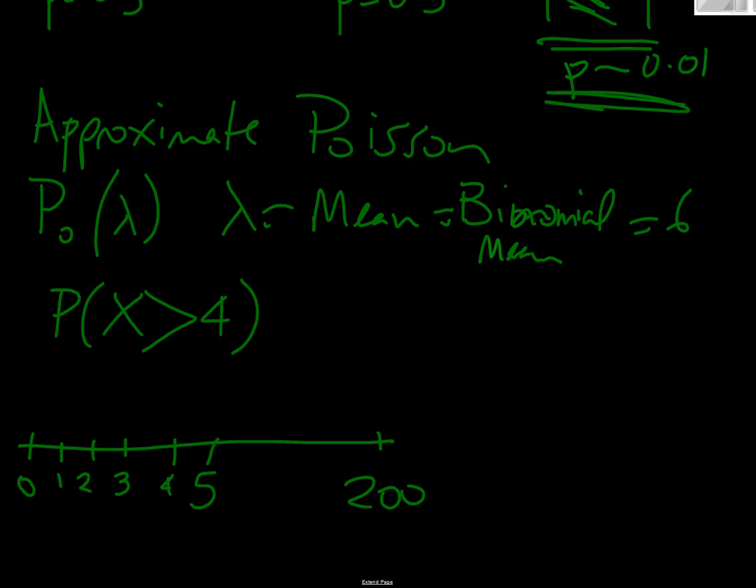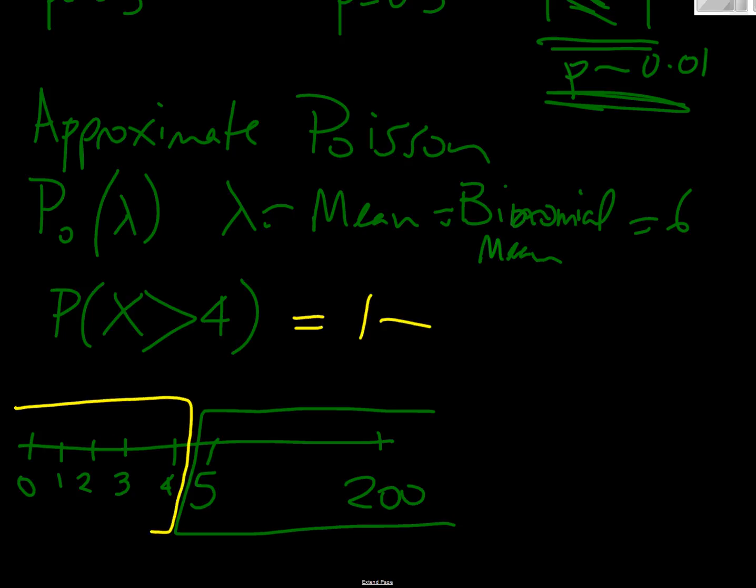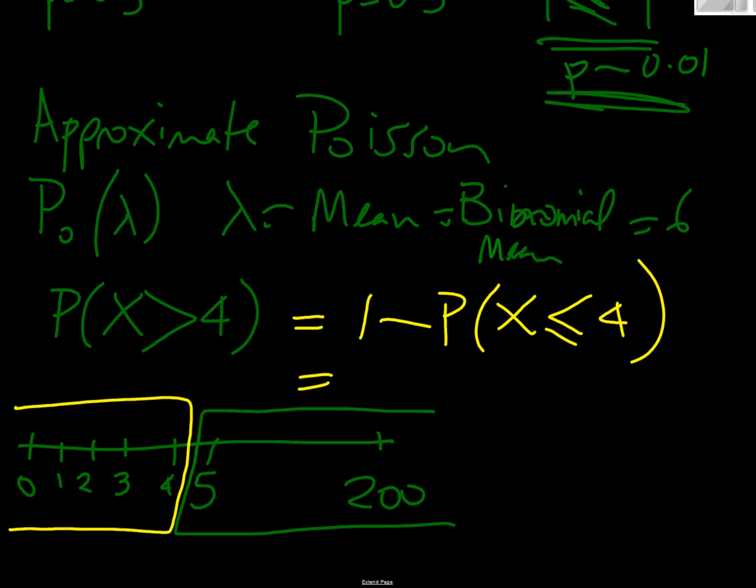What they've asked us is what's the probability that it is greater than 4? So that's the area to the right we'd be interested in, from 5 and more. Well, in our calculators we can only get the probability of less than or equal to, and so we can find this as 1 minus the probability of less than or equal to 4. We okay with that? So that's how we're going to do the calculation.